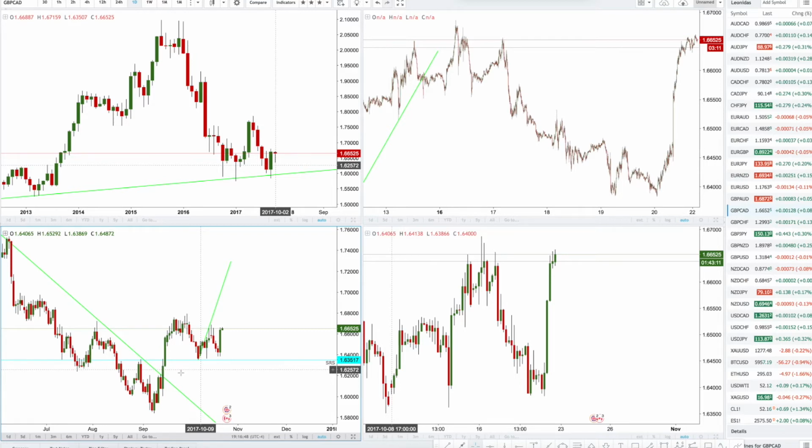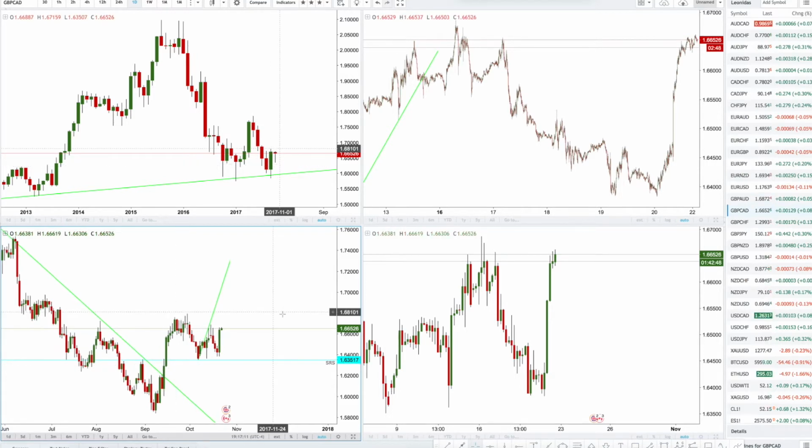That's a good buy, and this is the line that I drew and I kept it there. So same remains, still looking for this move going up.